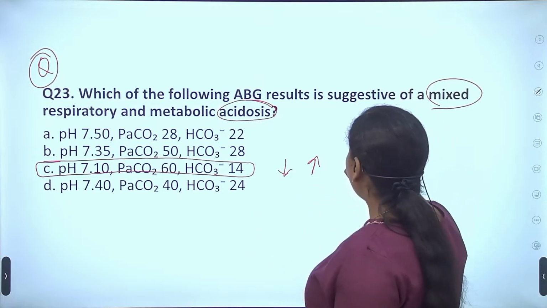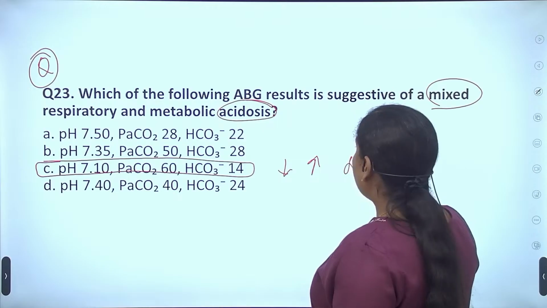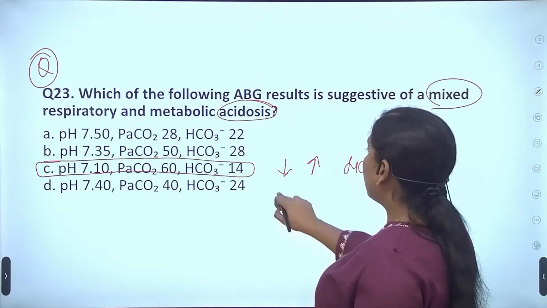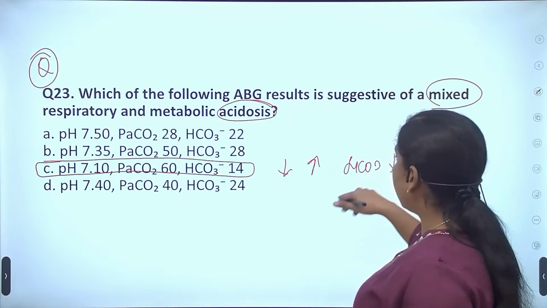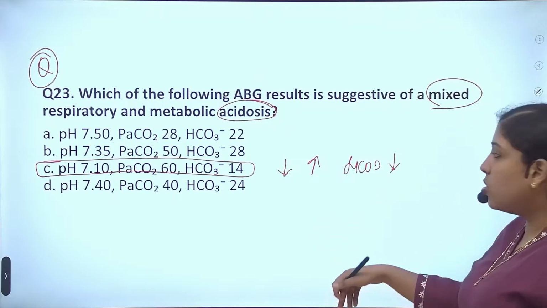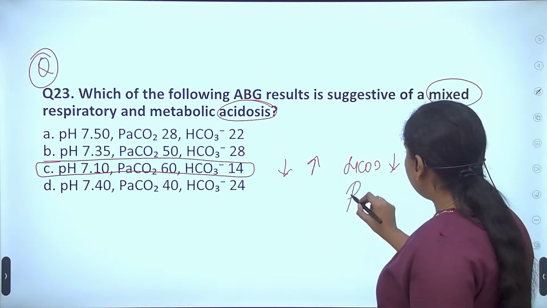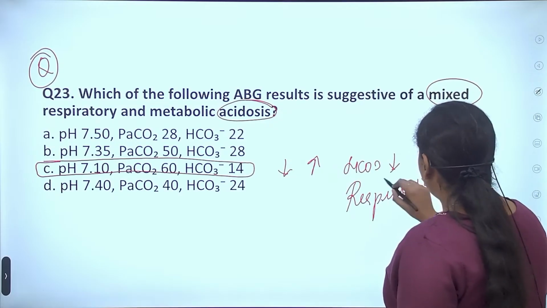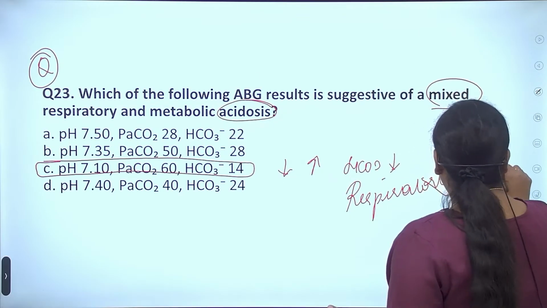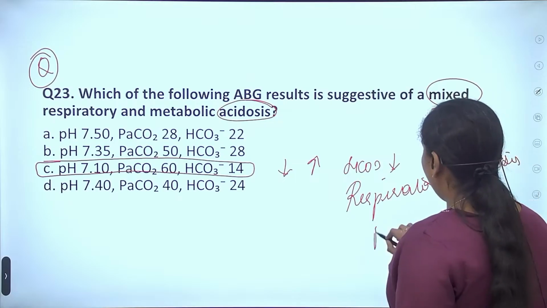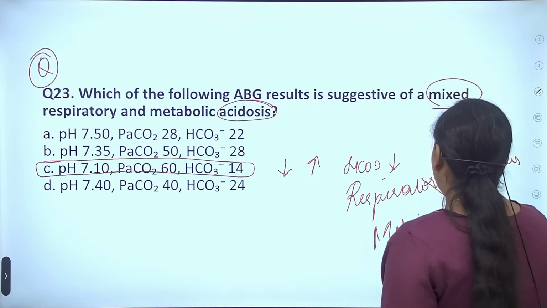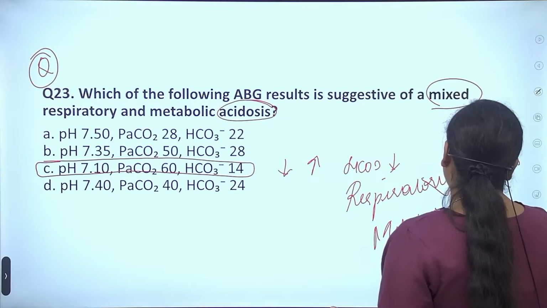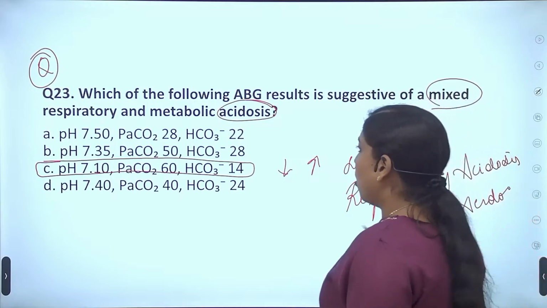And the HCO3 is again decreasing. So pH and HCO3 are going in the same direction. So it always indicates both respiratory acidosis as well as metabolic acidosis.